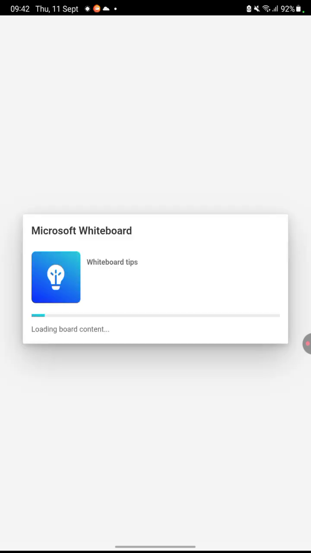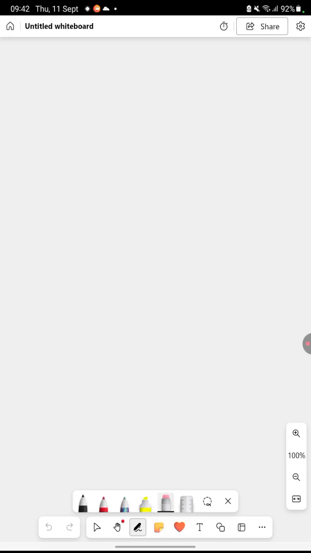Impulse we can derive from the second law of motion. According to the second law of motion, F is equal to dp by dt. Now we can write it as F dt equal to dp.